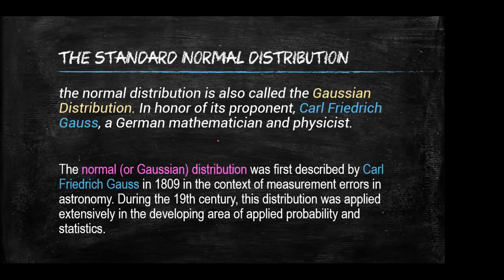Okay, so the normal or the Gaussian distribution was first described by Carl Friedrich Gauss in 1809 in the context of measurement errors in astronomy. So doon unang ginamit si normal distribution.